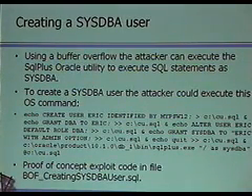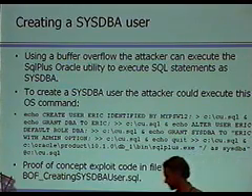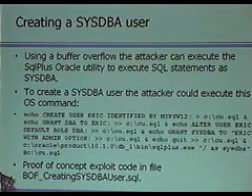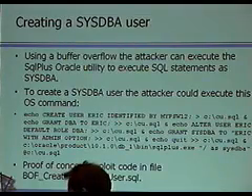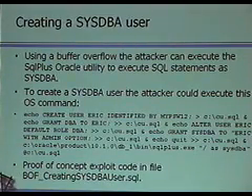Also, by exploiting a buffer overflow in Oracle, it is possible to execute SQL statements as the sysdba user. To do this, for example, in Windows, we can use the echo command to create a script file. With this script file, we can create a database user, and then we can call the SQL Plus application to execute the script.